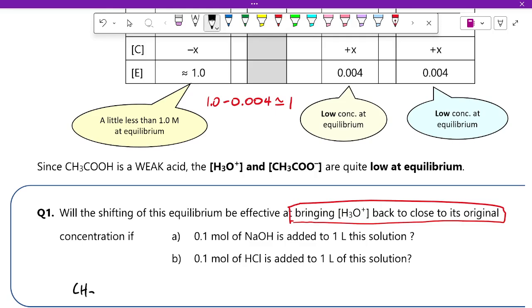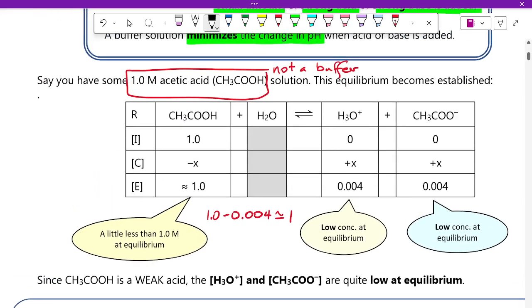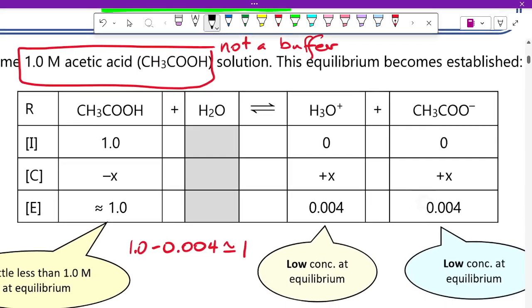Equilibrium CH3COOH, H plus, CH3COO minus, we add some NaOH. Think about whether that equilibrium will be able to shift. And in fact, I want it up here. If we add NaOH, because then we've got the numbers in front of us.